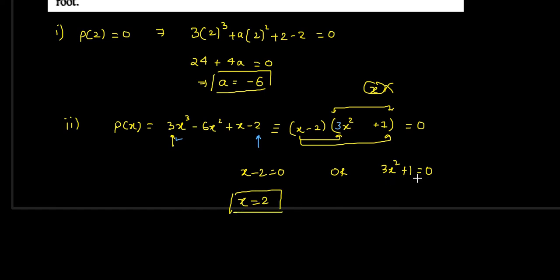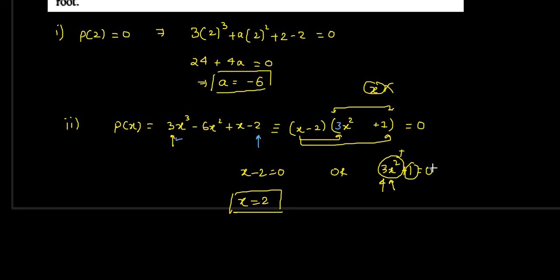Now this 3x square, as this 3 is positive and this x square is positive, positive into positive will be positive. So this 3x square will always be positive, and this plus 1 is obviously positive. So a positive is added to a positive term, which will give you a positive term, not 0.